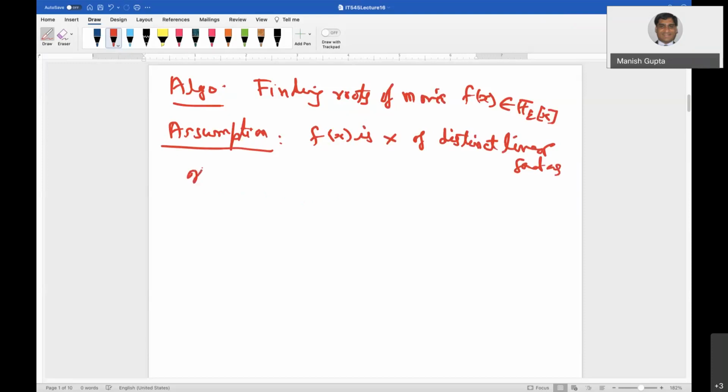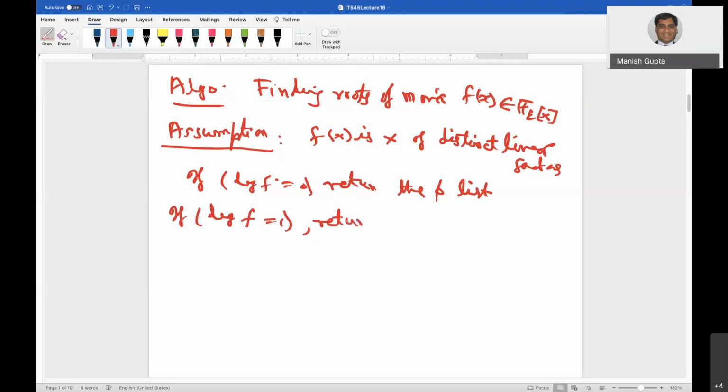If degree of f is 0, you return the empty list, since there is no factor, obviously. If degree of f is 1, then return the negative of the constant term. But since the characteristic is 2, negative is the same thing as positive. So return the constant term of f(x).